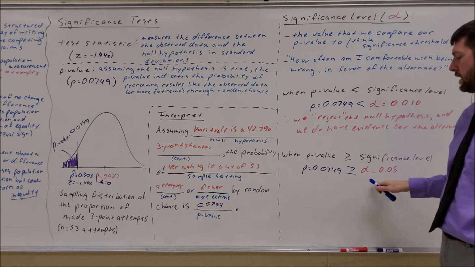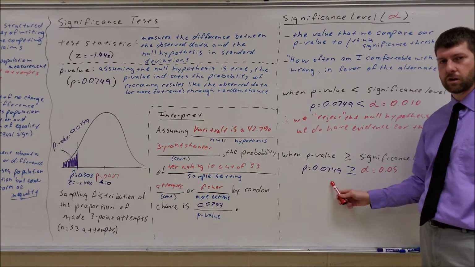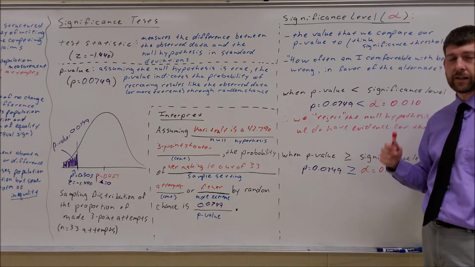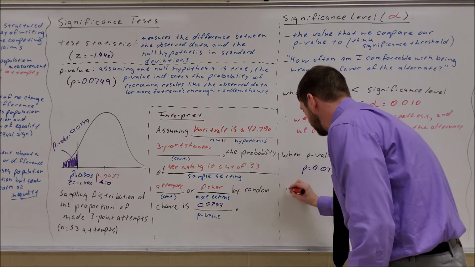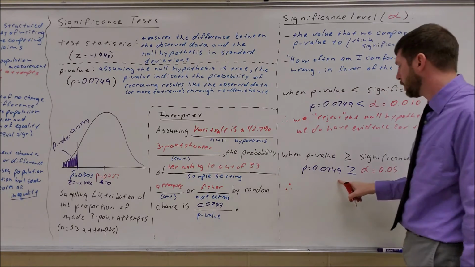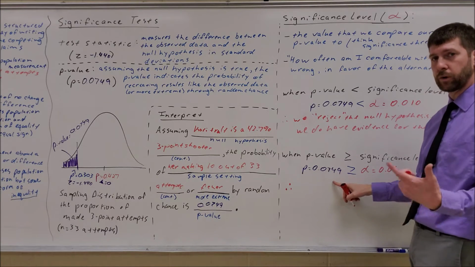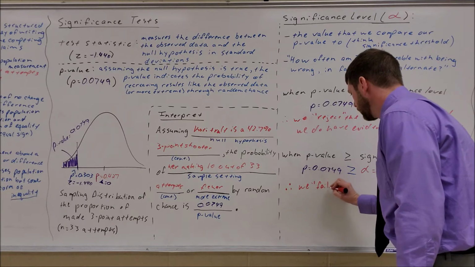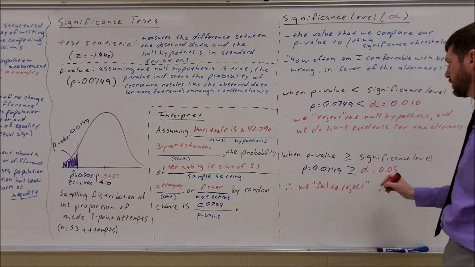So in this case, when P is greater than significance, that means that we're leaning towards the argument that randomness is the explanation instead of there being something that needs to change or has changed. If it's a high probability of randomness being the explanation, then we're going to fail to reject the null hypothesis. That's the phrasing we use.